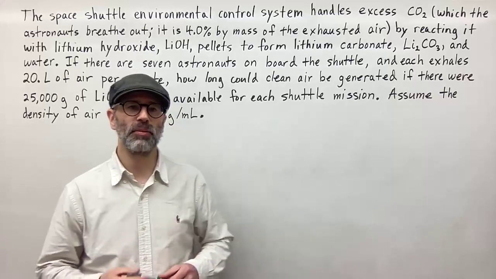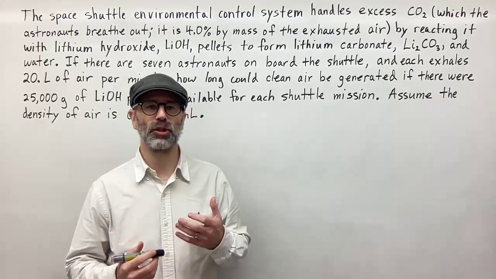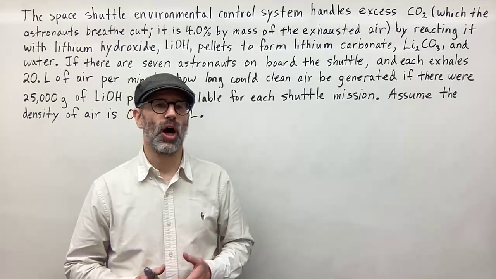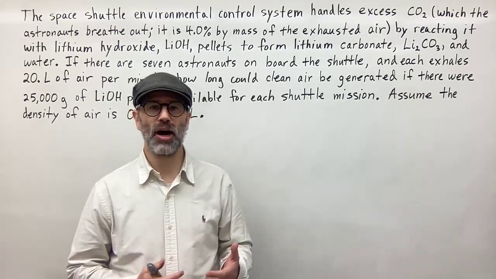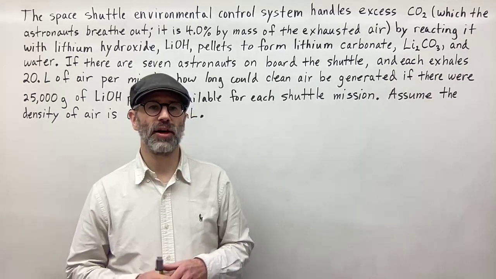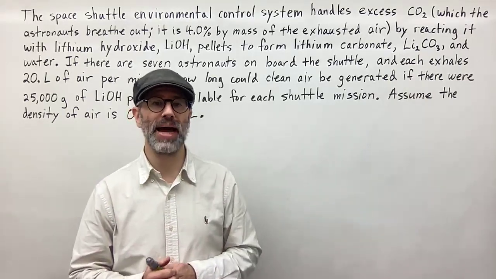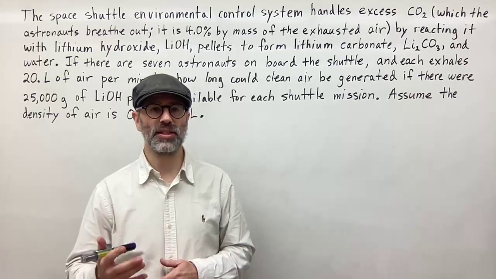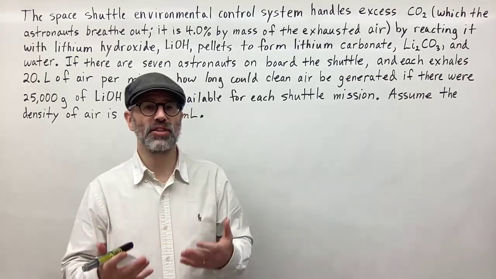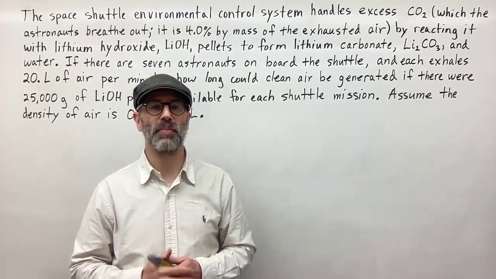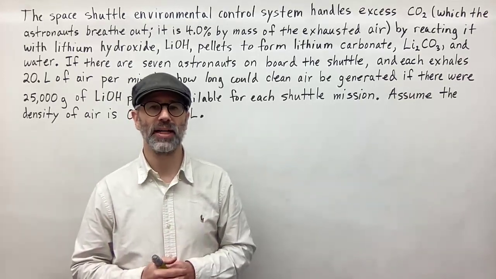So in this problem, the Space Shuttle Environmental Control System handles excess CO2, which the astronauts are breathing out, and it contributes 4.0% by mass of the exhausted air. So of the exhausted air that the astronauts are breathing out, 4.0% by mass is going to be carbon dioxide.